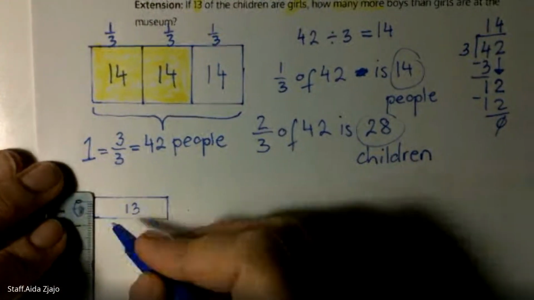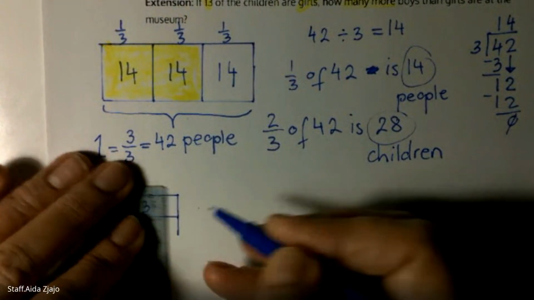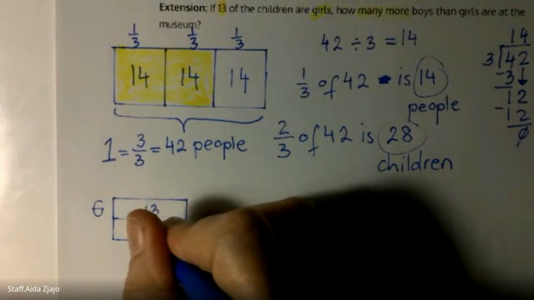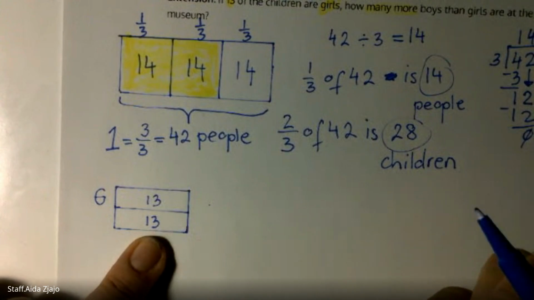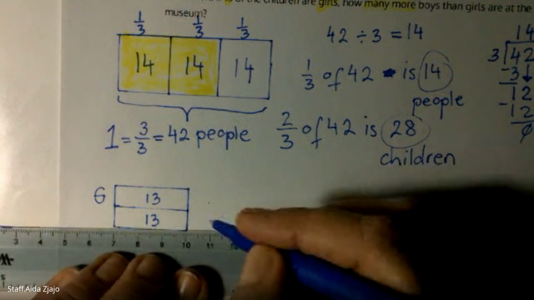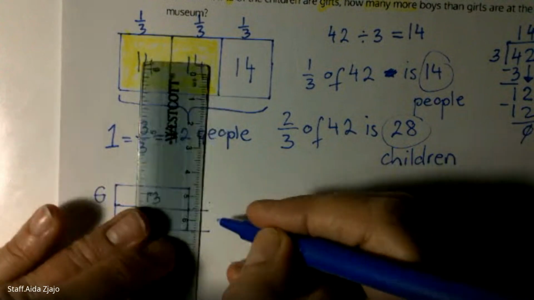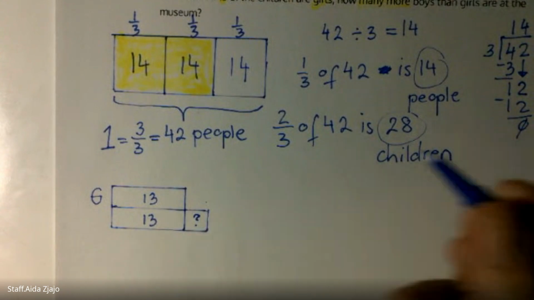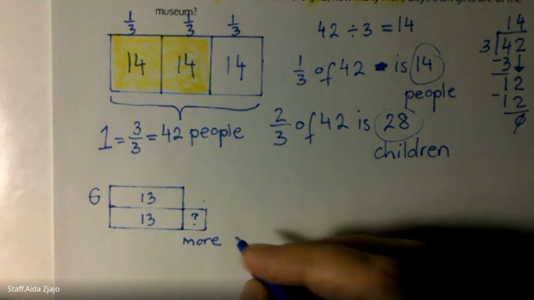If we assume that boys are the same, then boys would also be 13. But 13 plus 13 is 26, so it's not 28. So the boys are a little bit more, and that is our question mark. How much more? More boys.